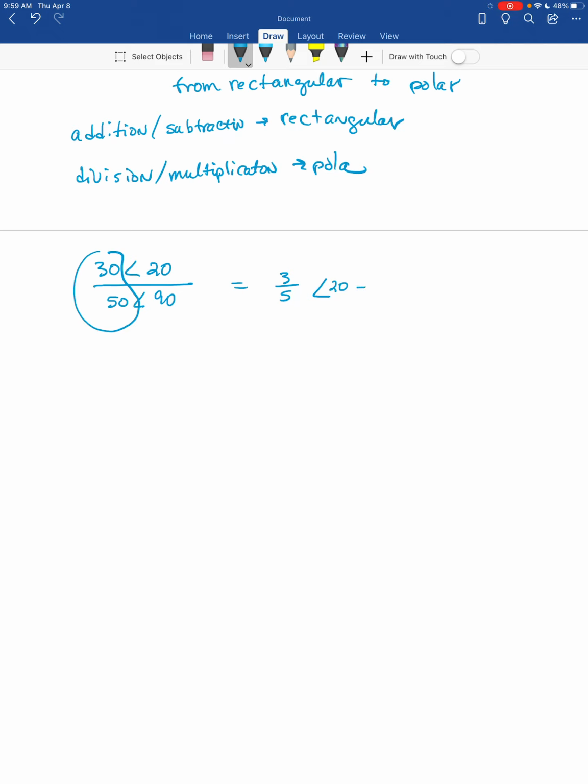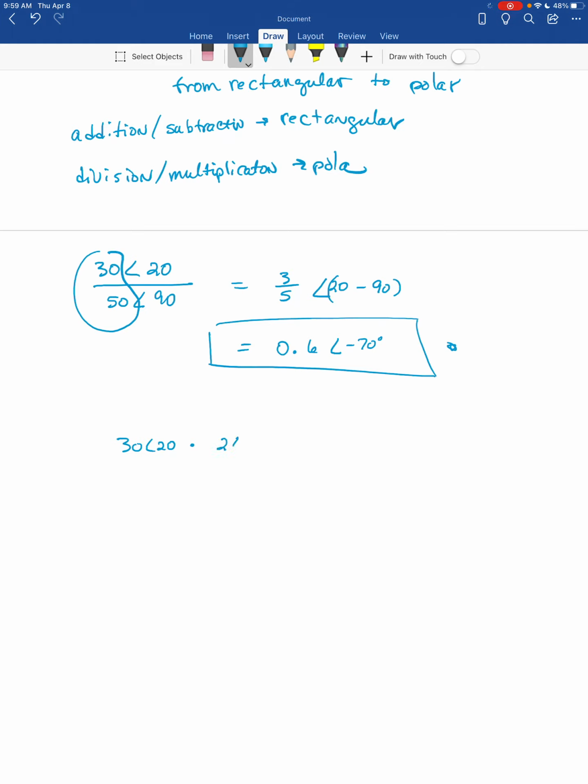You take the angle in the numerator and subtract the angle in the denominator. So that division would be 0.6 angle minus 70. Okay, so that's that.